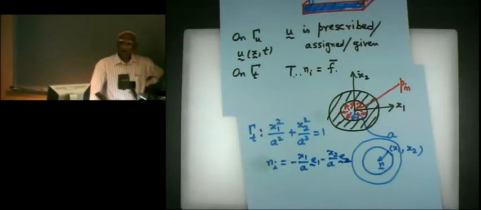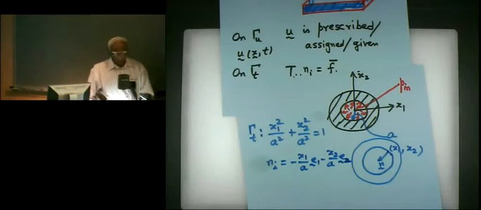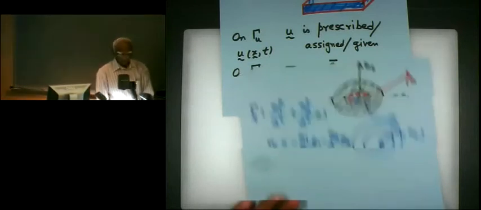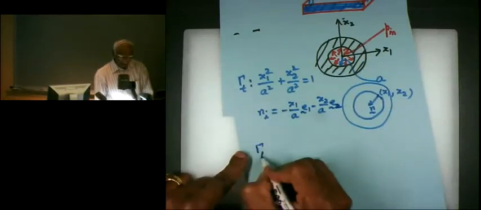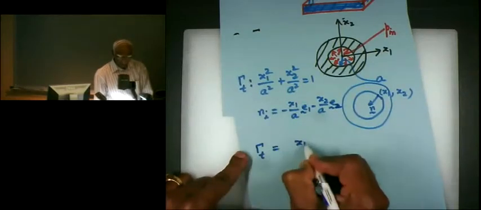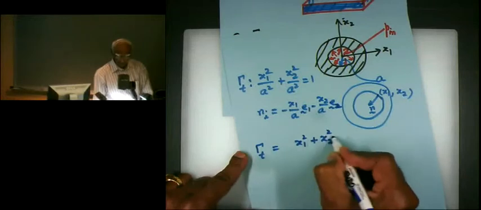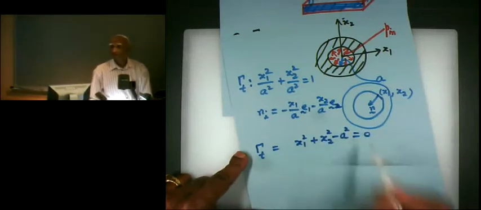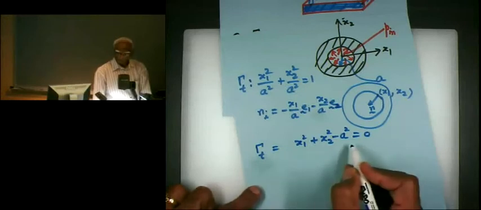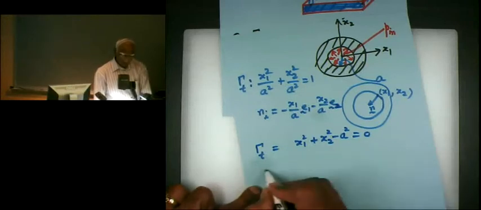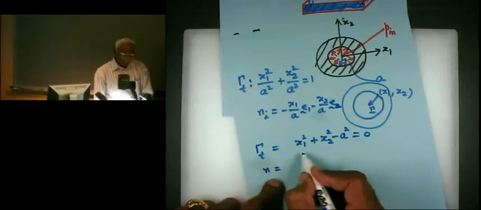If you do not remember that, or you are having difficulty in figuring it out, write the equation of gamma t, which is like x1 squared plus x2 squared minus a squared equal to 0. Take the gradient of this. So n equals the gradient of this.